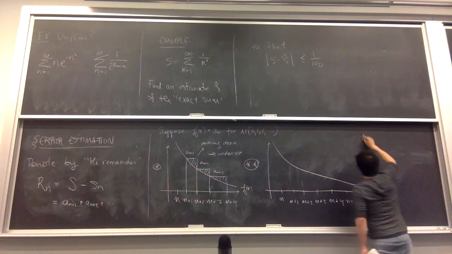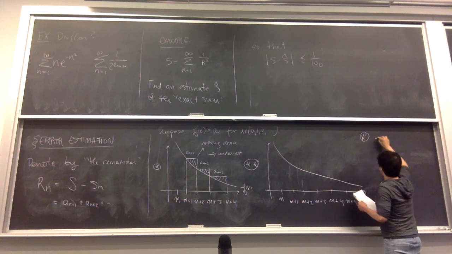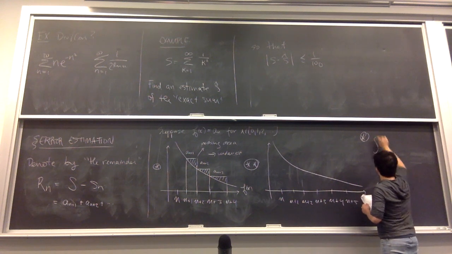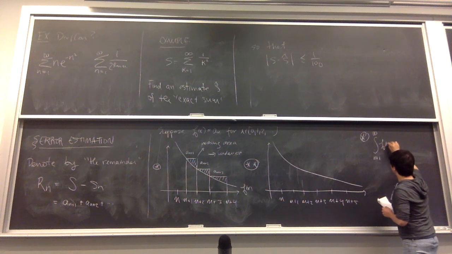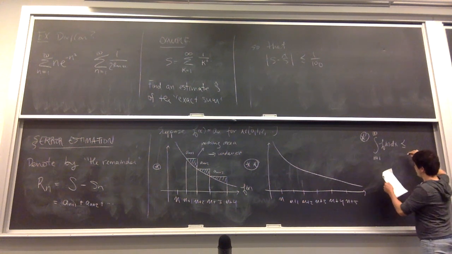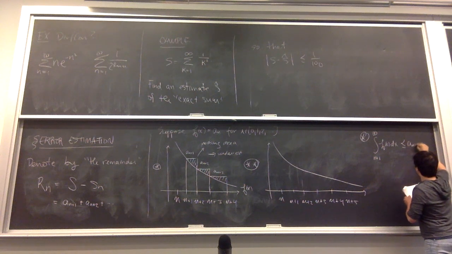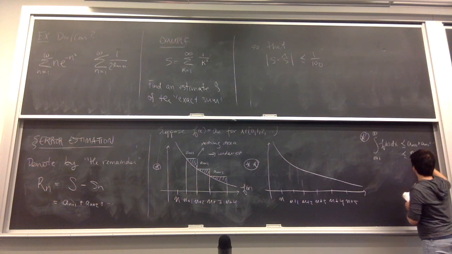Okay, so star tells us that the integral from n plus 1 to infinity of f(x) dx is less than a(n plus 1) plus a(n plus 2) and so on, which is just the remainder term.